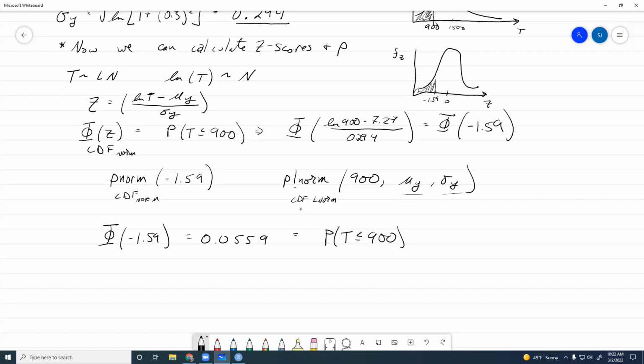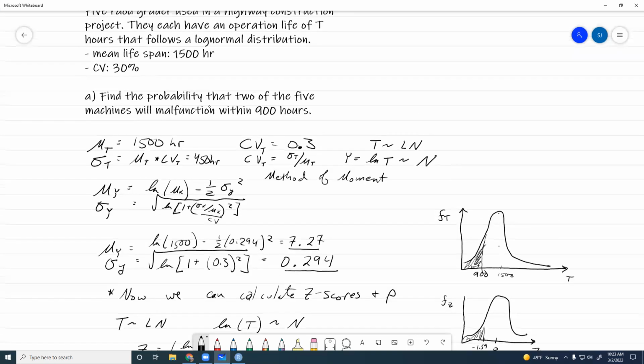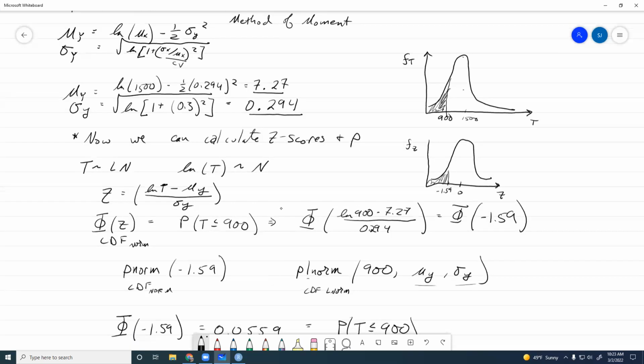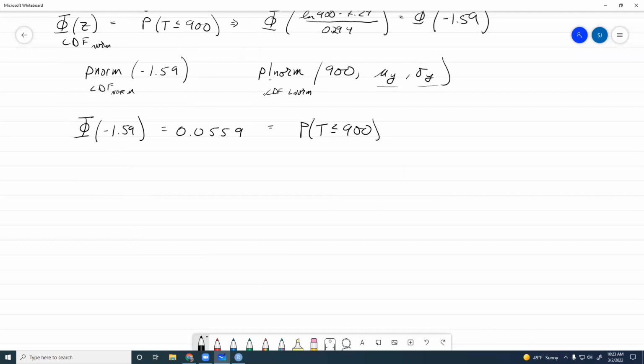So now that we found our p, the original question, we can go back to that, was to find the probability that 2 of the 5 machines will fail within 900 hours. So now we're going to get to our binomial part of this.